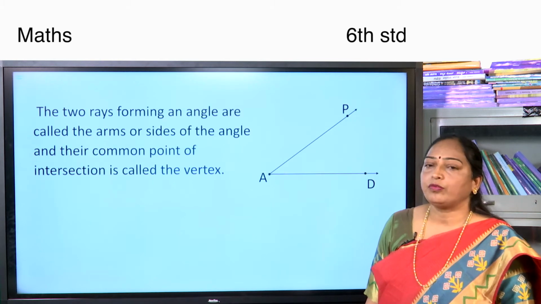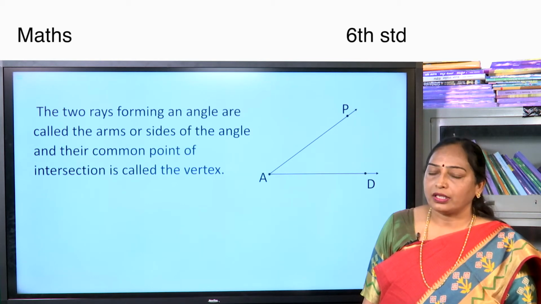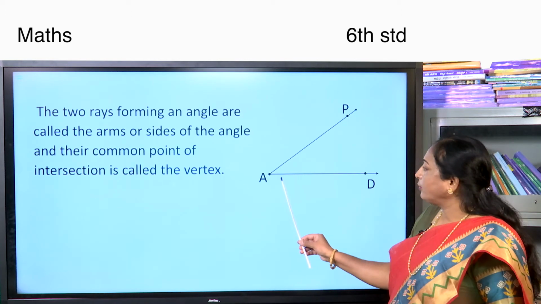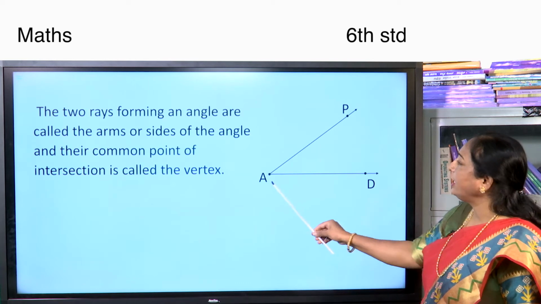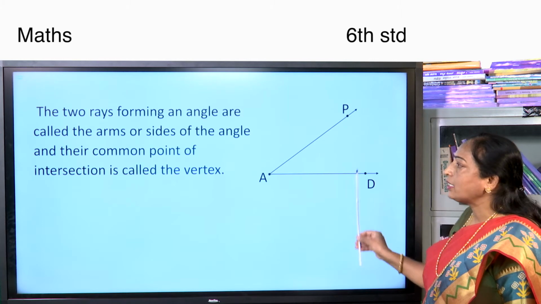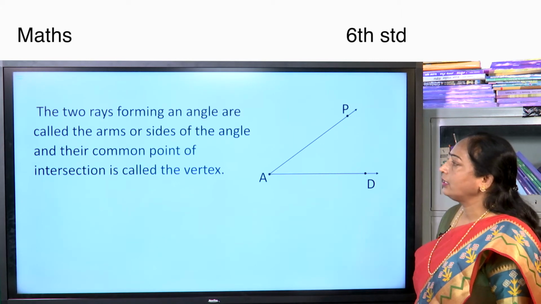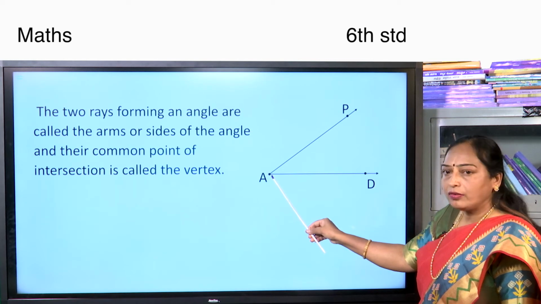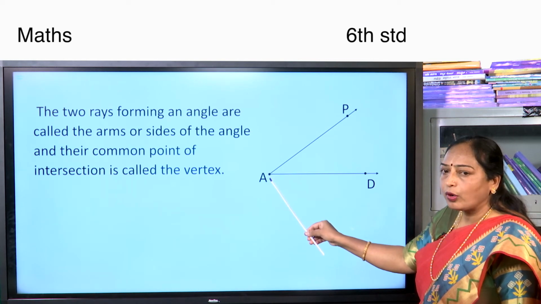The two rays forming an angle are called the arms or sides of the angle. In this figure, the rays AD and AP are the arms or sides of this angle, and their common point of intersection is called the vertex. Which is the vertex here? Point A.